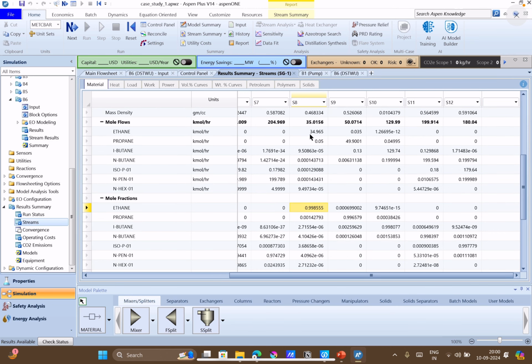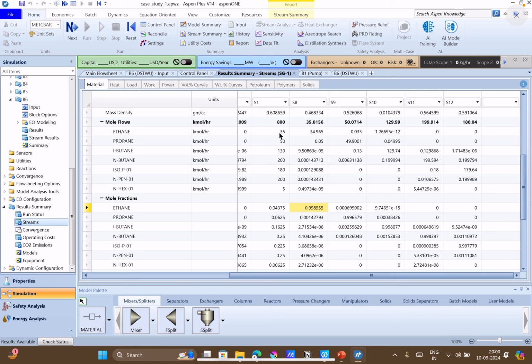Similarly, you can see the molar flow rate. If I put the feed flow rate adjacent to it, you can see in the feed we had 35 kilomole per hour flow of ethane, and almost 99% of that came out in the first column itself, and the rest came into the second and third column.